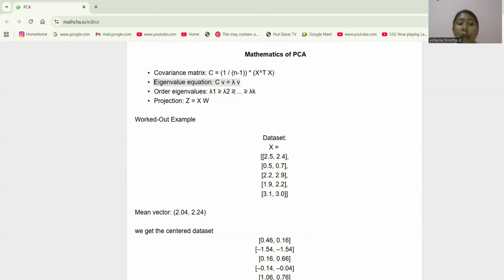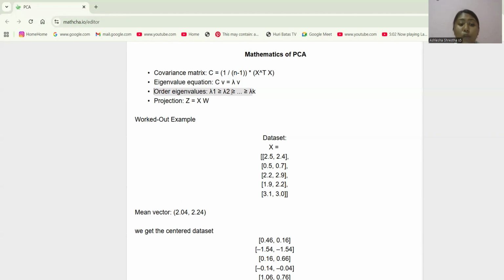Now we sort the eigenvalues in descending order, like lambda 1 is greater than or equal to lambda 2 and so on. The eigenvectors corresponding to the largest eigenvalues become our first principal component and so on.